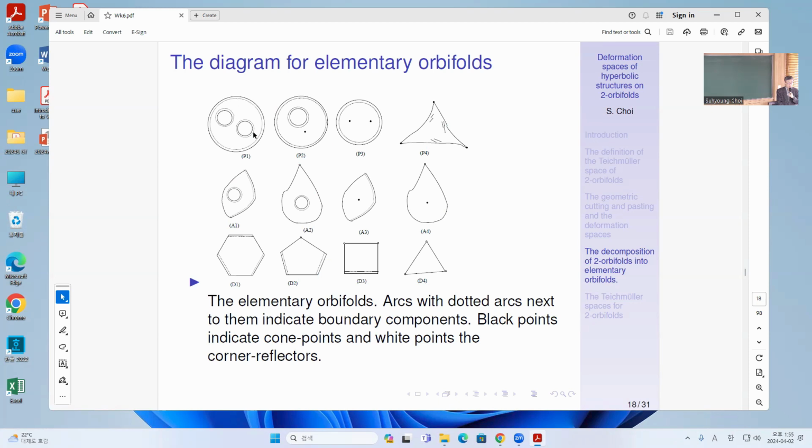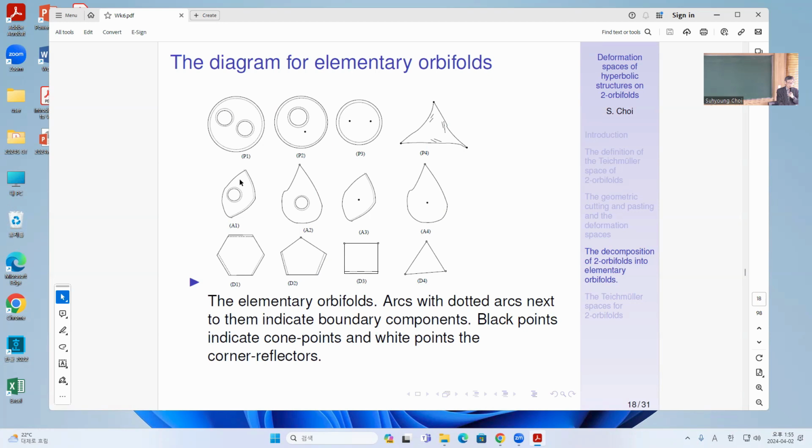If you say these are boundary, then there's nothing more you can do. So for these boundaries, you also have to consider the full boundary for the orbifold, like arcs going from here to here.